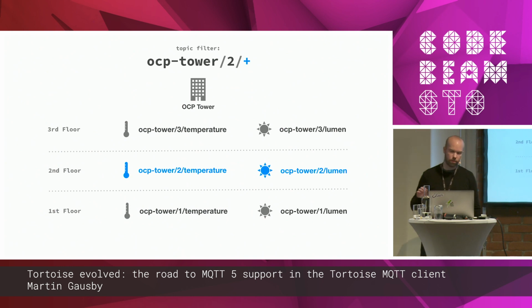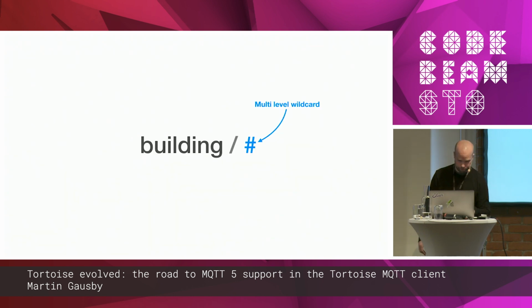If we chose to set the topic level filter in the last part here, we would get all the sensors on second floor. And of course we can have multiple topic level wildcards in one topic filter. So this would basically get us all the topics in the building.